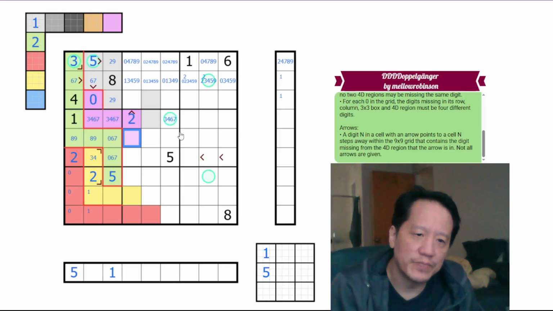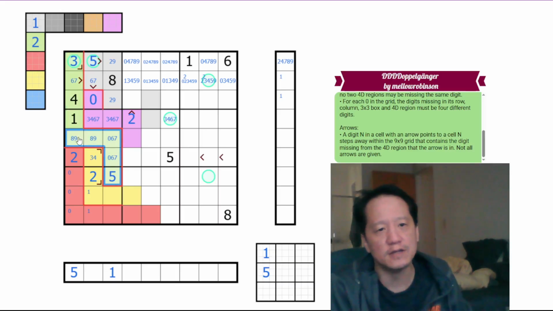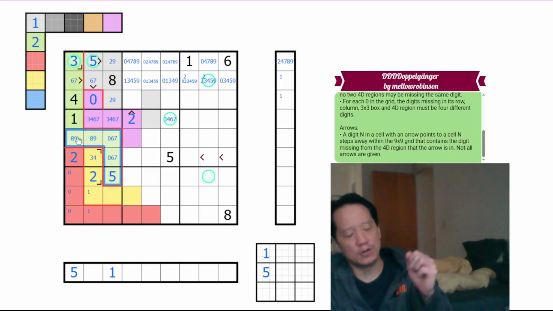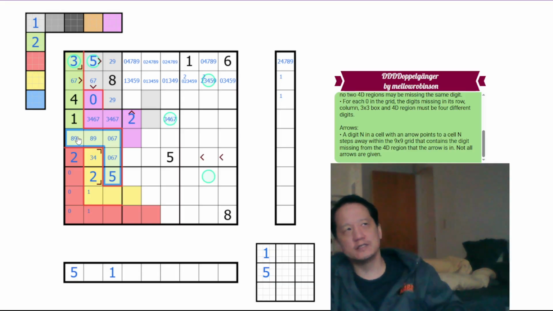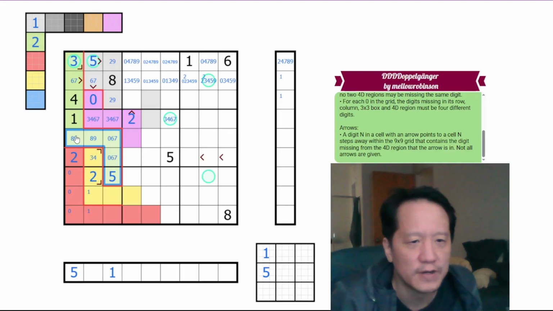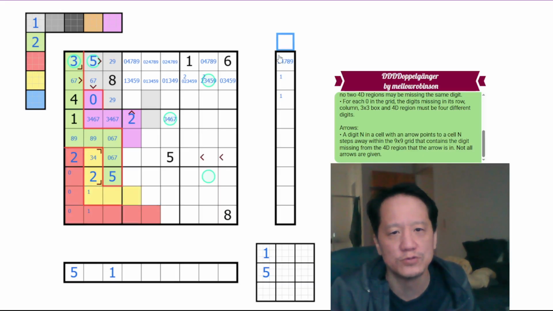I guess it makes sense that my logic was not sound about the 2 having to be missing in the same columns or rows that the 4D regions were. The logic just isn't correct, right? You can be missing a 2 in other regions, in other rows or columns.